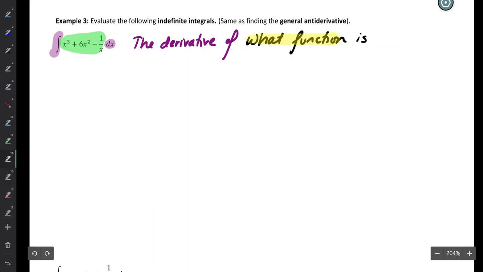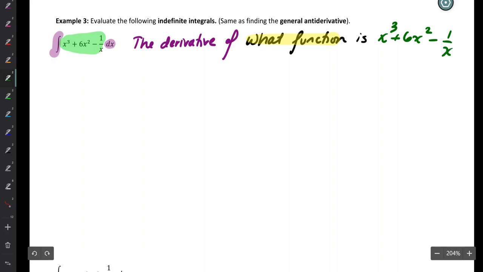Of what function is x cubed plus 6x squared minus 1 over x? And in fact, it's not just what function, it's what family, right? We want to do a plus c.